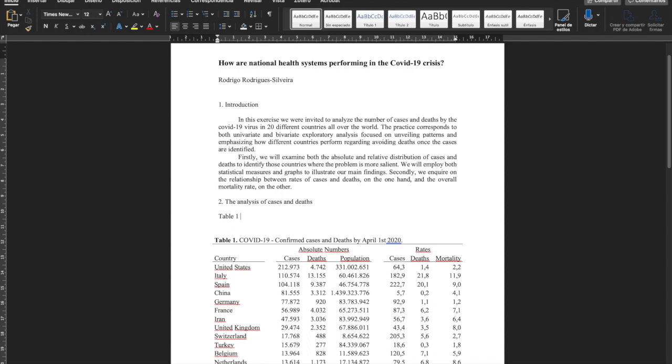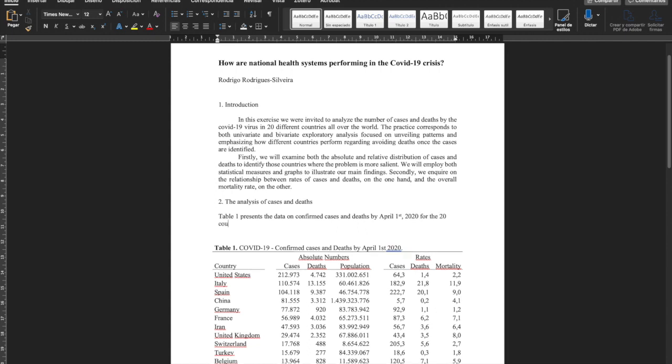Table 1 presents the data on confirmed cases and deaths by April 1st, 2012 for the 20 countries selected.